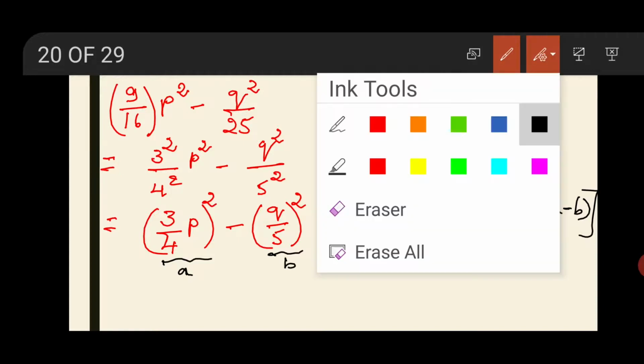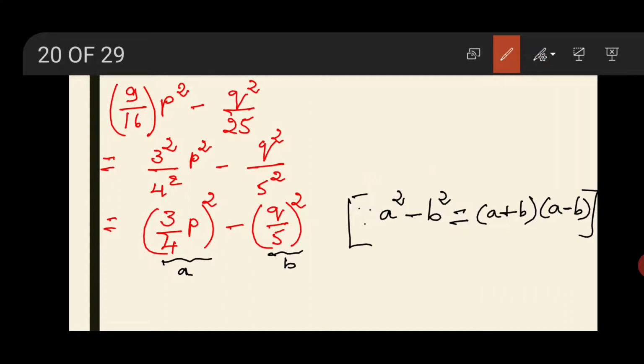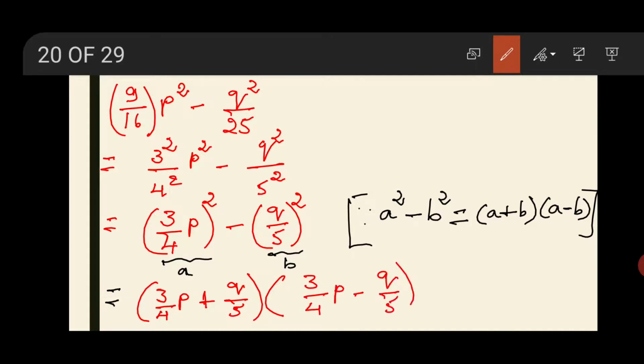So (3 by 4 p) whole square minus (q by 5) whole square is equal to (a plus b) into (a minus b), which means (3 by 4 p plus q by 5) into (3 by 4 p minus q divided by 5).